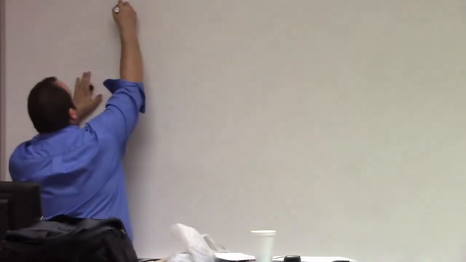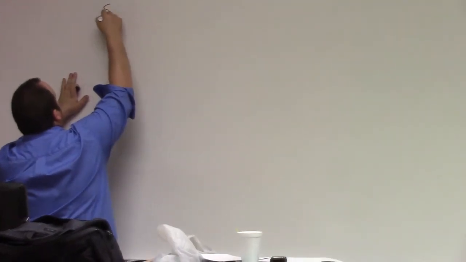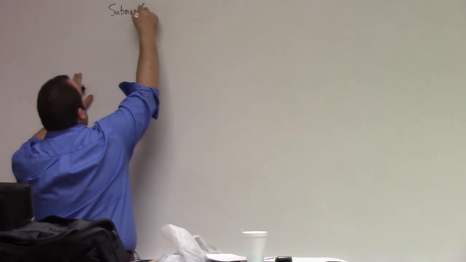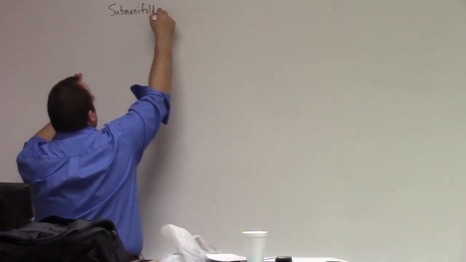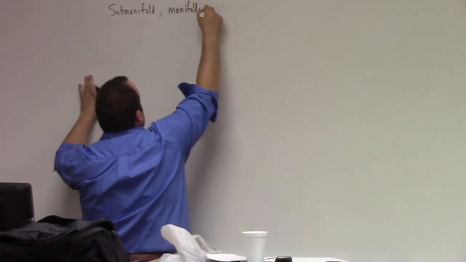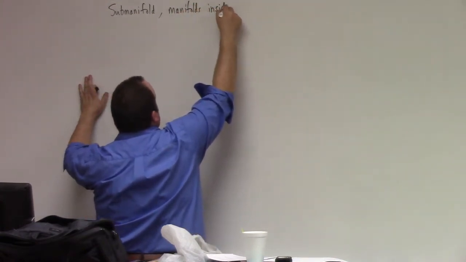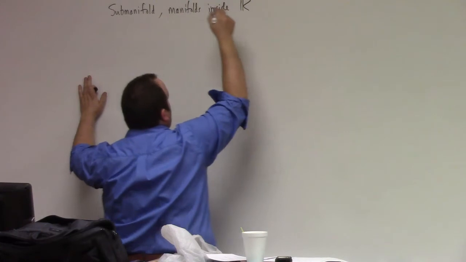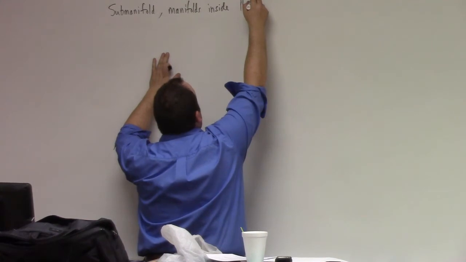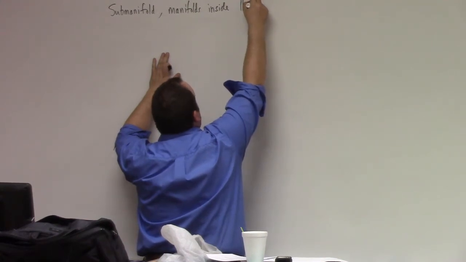So let's talk about submanifolds. I won't use that word too much, but I'll actually just say manifolds inside, well, let me say our R^q, because I don't want to commit.